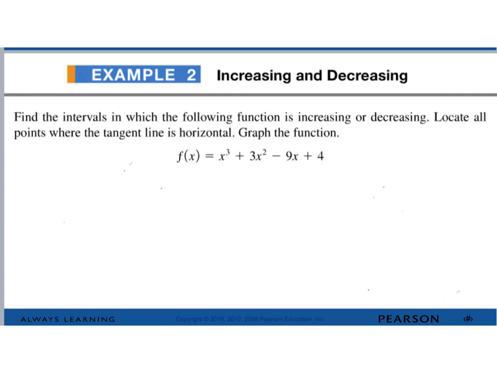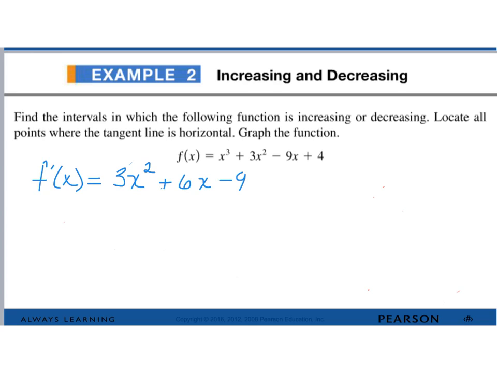So the derivative of f of x is 3 times x to the 3 minus 1, which is 2, plus 2 times 3 is 6, x to the 2 minus 1 is 1, minus 1 times 9 is negative 9, x to the 0, and the derivative of positive 4 is 0. So here's our derivative.